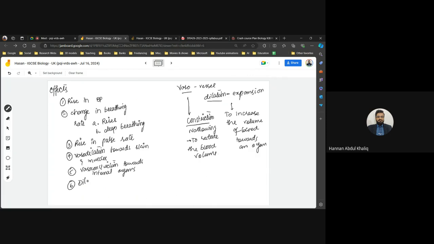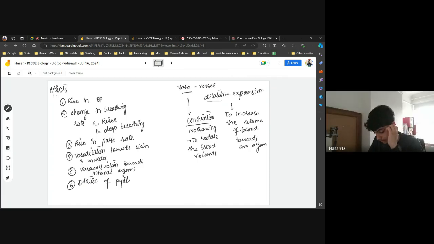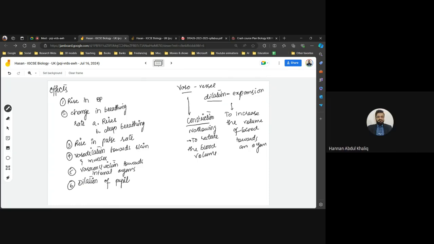And then dilation of pupil. Do you have any idea about it? What is a pupil? You should have. It's in the eye. It basically controls the entry of light, so it dilates to increase the light received at the retina.